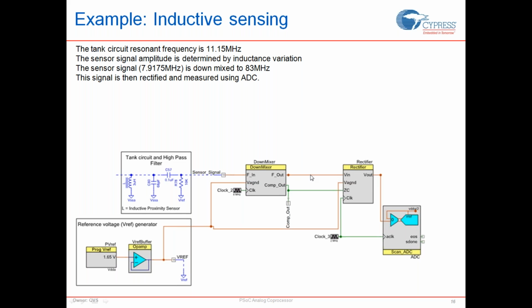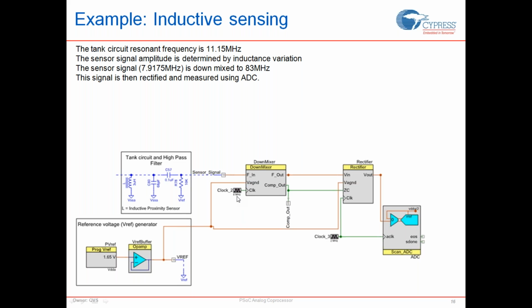Every time it's below 0, you're going to gain by -1, which means you're going to flip the signal. That's going to give you a full wave rectified output of the down mixer's output. So the down mixer's output is going to now have only one side, which is the rectified output, which you can easily put into the ADC.